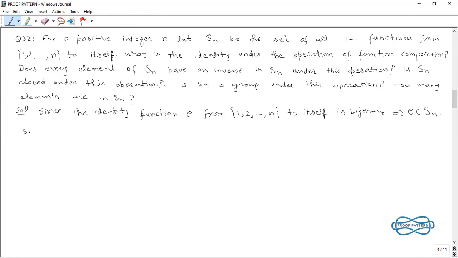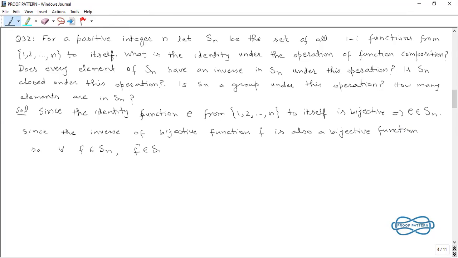Since the inverse of a bijective function f is again a bijective function from the set 1 to n to itself, for all f belongs to Sn, f inverse belongs to Sn.